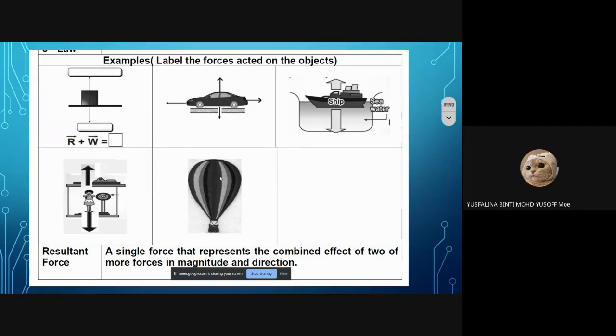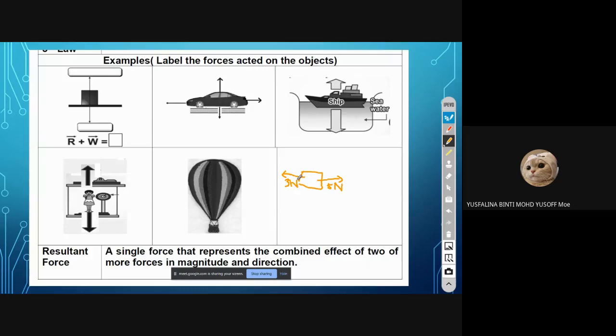And the resultant force, what's the meaning of the resultant force? A single force that represents the combined effect of two or more forces in magnitude and direction. What does it mean? Let's say I have a box here and two persons. One pushes to the right with 5 Newton and the other pushes to the left with 3 Newton.